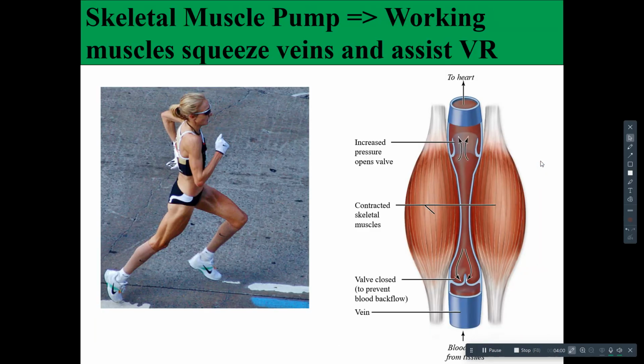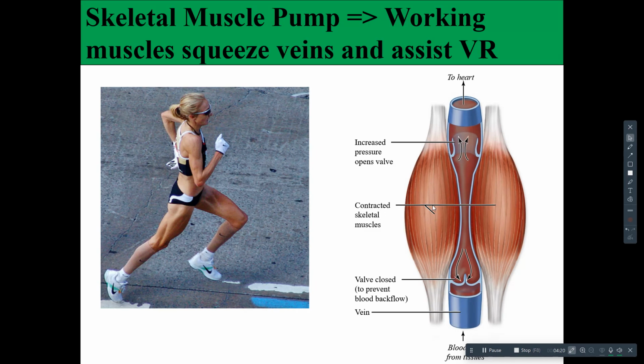Let's talk about one of our pumps. There is a pump known as the skeletal muscle pump. Basically, working muscles are squeezing neighboring veins. So here I've got two working muscles.